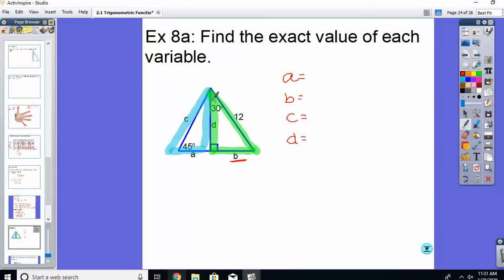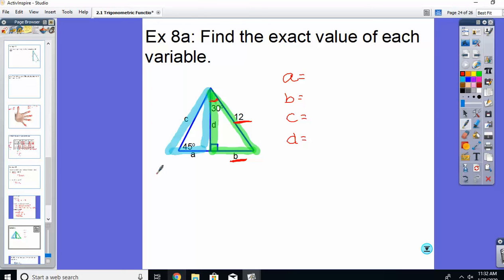okay, I know this angle is 30 degrees. These are the sides that I'm going to have to use. So tell me, in terms of opposite, adjacent, hypotenuse, from this 30 degrees, B would be the opposite side. 12 is the hypotenuse. Which trig function involves opposite and hypotenuse? Sine.